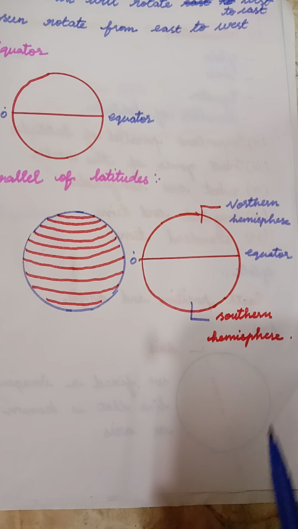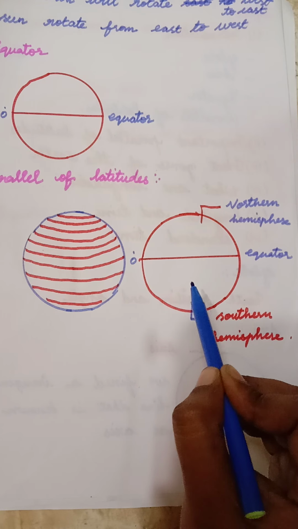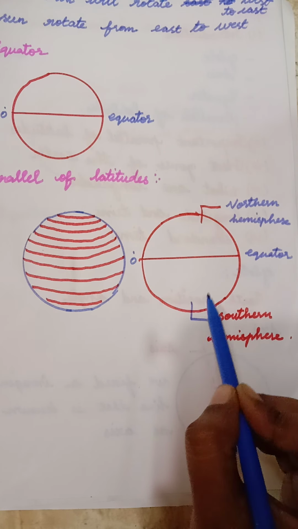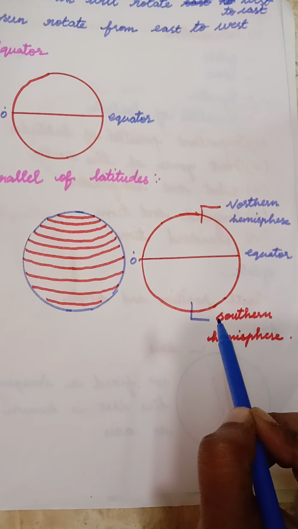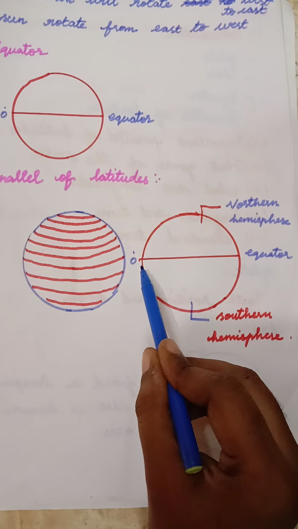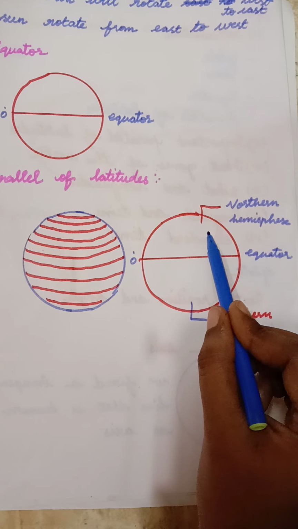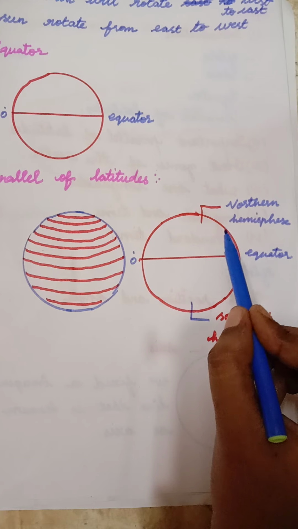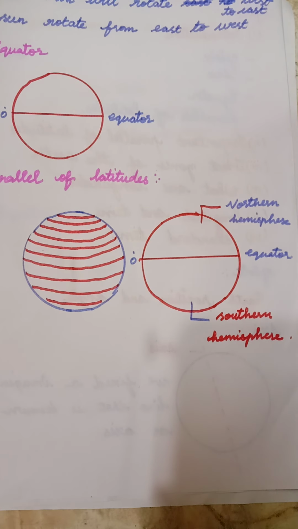So, the 0 degree is a diameter, dividing the globe into 2 equal parts, known as the equator. When I divide it into 2 equal parts, the top of this globe is the northern hemisphere.